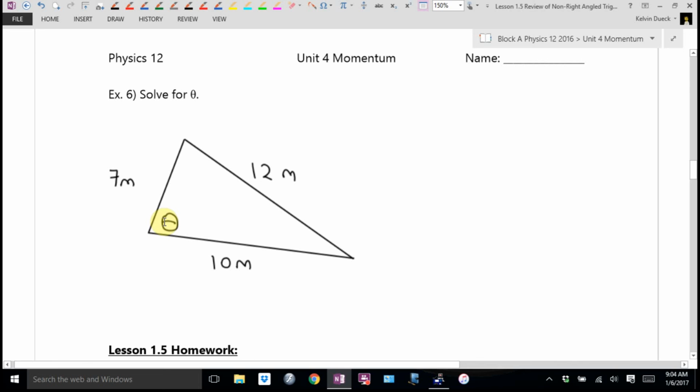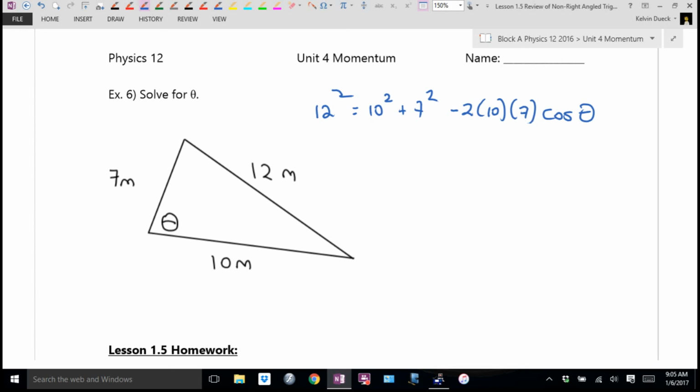What side goes with theta? The 12. So when I bookend things, the cosine law looks like this: 12 squared equals 10 squared plus 7 squared minus 2 times 10 times 7 cos theta.